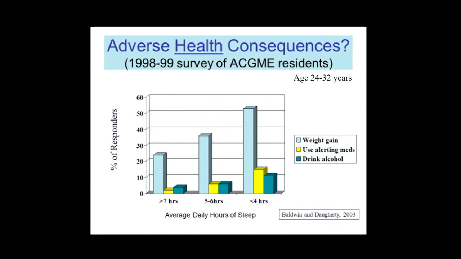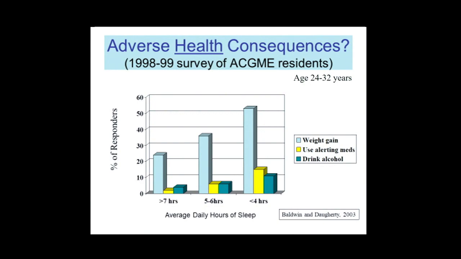Here's one relevant to one of the studies that drove changes in hours for residents. So this is average daily hours of sleep divided into less than 4, 5 to 6, and greater than 7 hours of sleep. And there are three things: weight gain, use of alerting medications, and drinking alcohol.